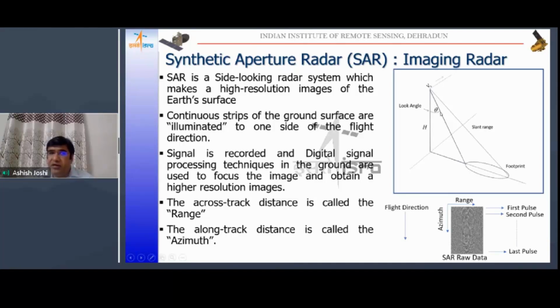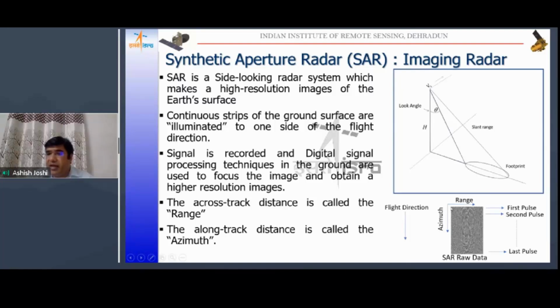This is called the look angle. The signal is recorded, and digital signal processing techniques on the ground are used to focus the image and obtain high resolution images. So digital signal processing techniques are used for processing the SAR data. This way the raw data is formed: as the SAR is moving in this direction, it forms the image like this.